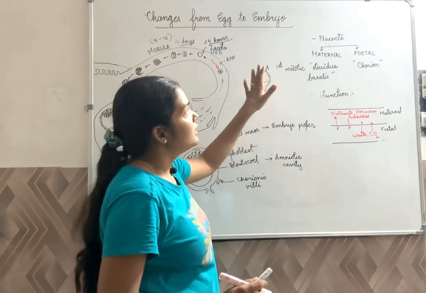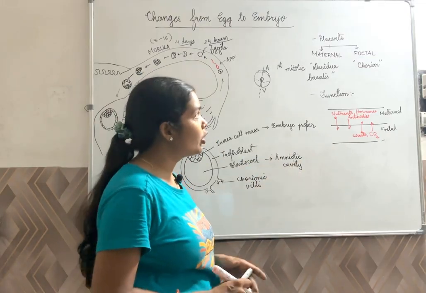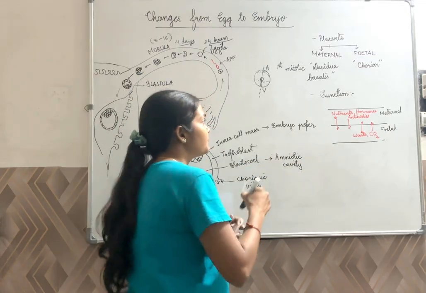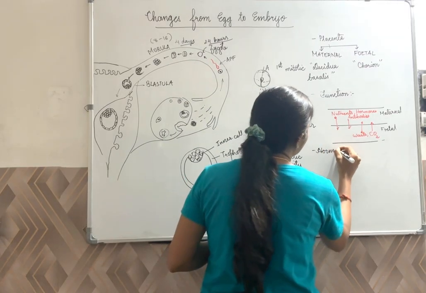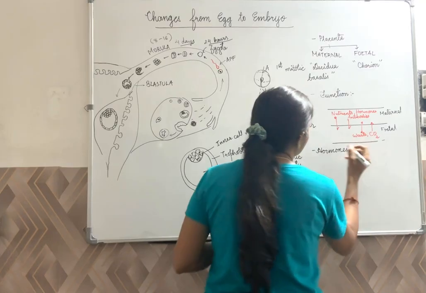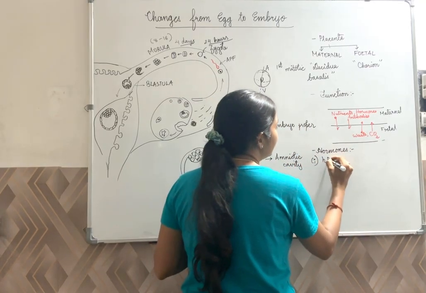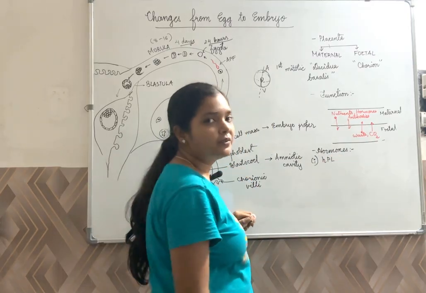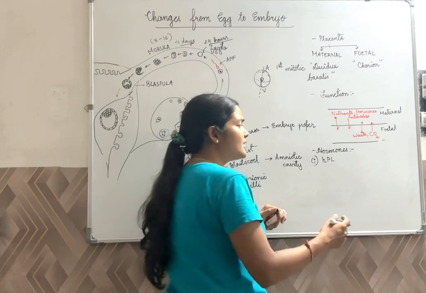Now, after this, we are going to study some of the hormones being secreted by the placenta. The very important hormones, the first is HPL, human placental lactogen. As the name says, it will help in the production of milk. It stimulates the production of milk.